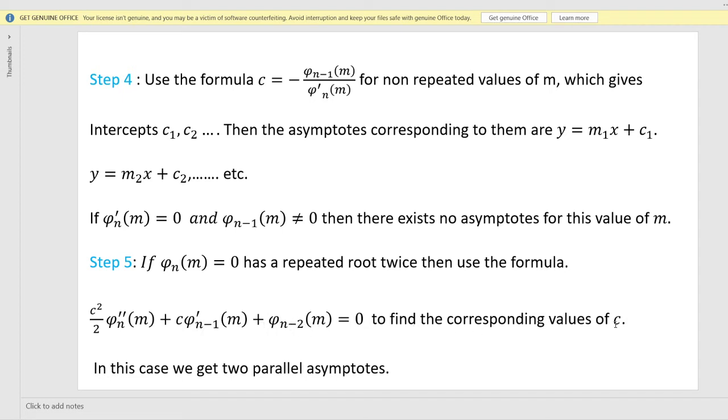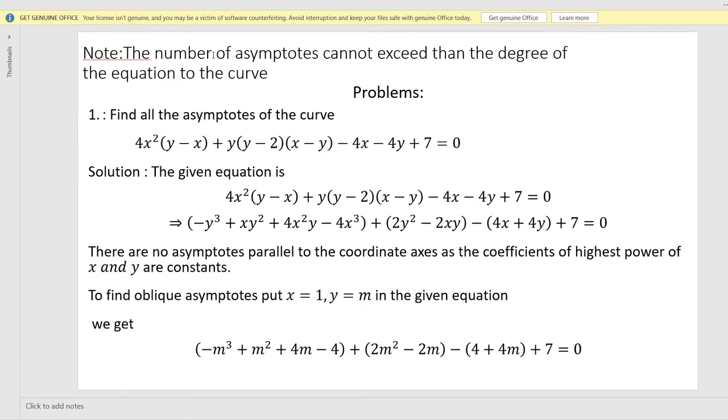To find the corresponding values of c, we solve this equation, and in this case we get two parallel asymptotes. Note, the number of asymptotes cannot exceed the degree of the equation of the curve.